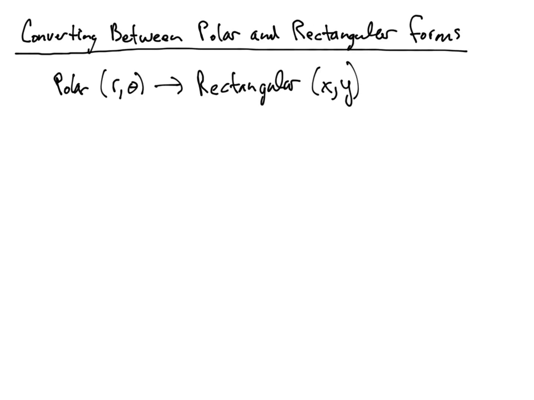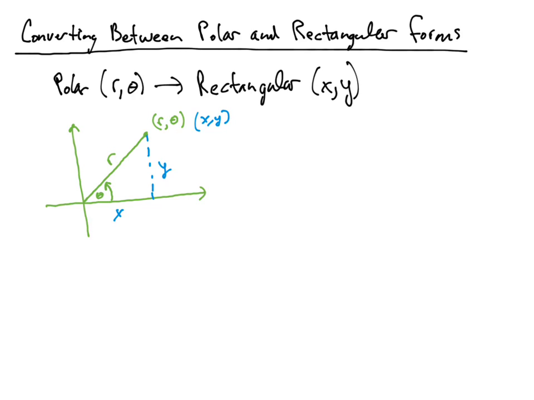Alright, so let's talk a little bit about r theta here. If I have a point up here, and I notate that point as r theta, what that means is this distance from the origin is r, and the angle right here is theta. To convert this into x and y, we need to know this x value here and this y value here.